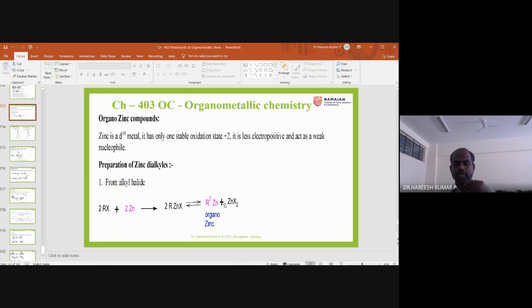This organozinc, then what is the byproduct here? ZnX2, which is a zinc halide. So overall, the reaction of alkyl halide with zinc leads to the formation of organozinc. If R is equal to alkyl, we say dialkyl zinc.